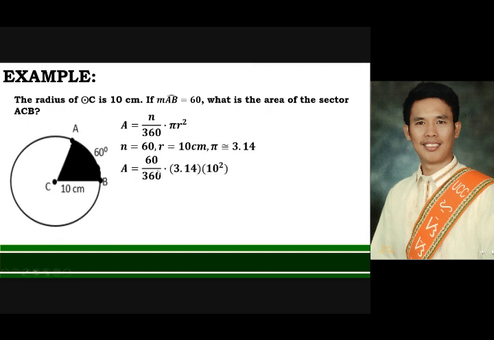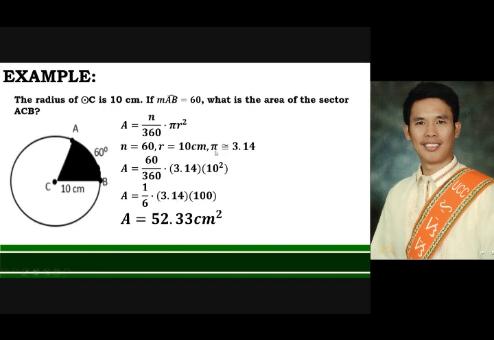So, the measure of your central angle is 60, divided by 360, multiply to 3.14, then 10 squared. So, we have here 1 over 6 multiplied by 3.14 times 100. This will give you 52.33 cm squared, if ginamit natin si 3.14. Paano kung wala tayong calculator?